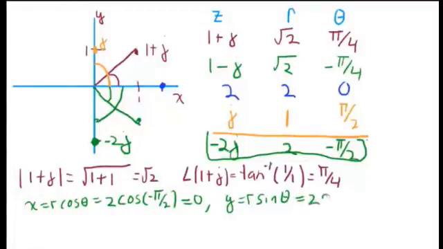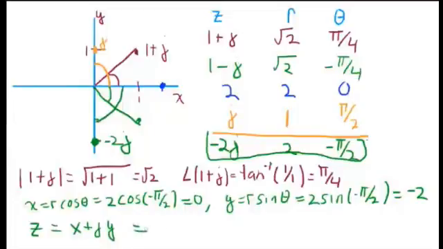R again was 2, and theta was minus pi over 2. Sine of minus pi over 2 is minus 1, so I get minus 2. Then our complex number z, which is x plus jy, just equals x equals 0, y is minus 2, so we get minus 2j as above.